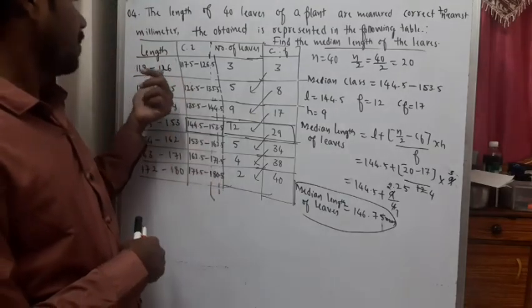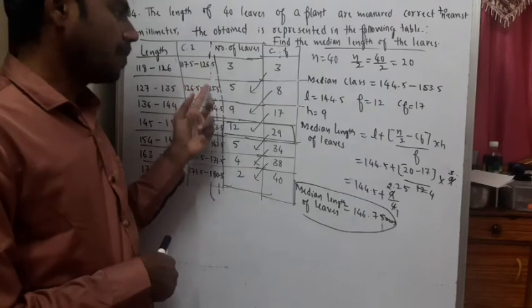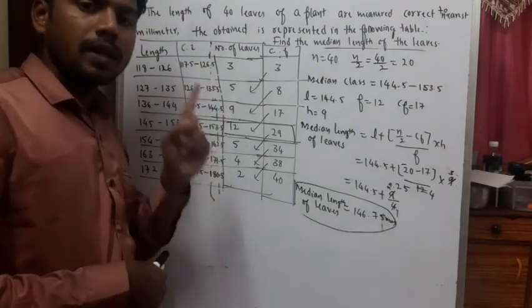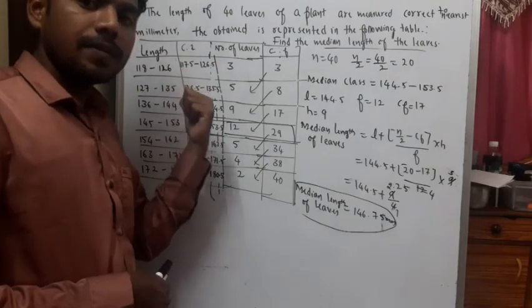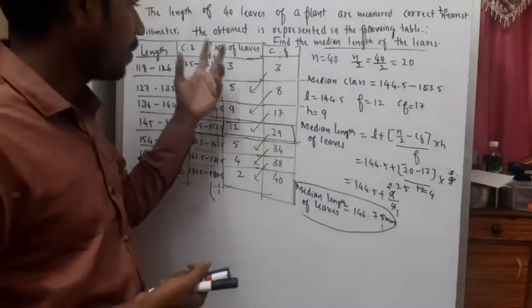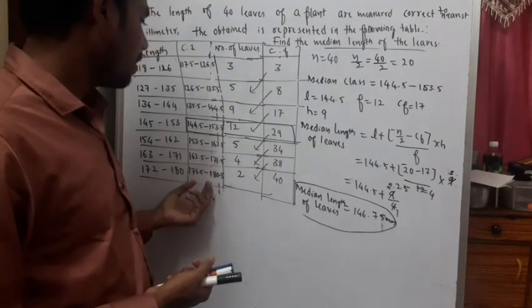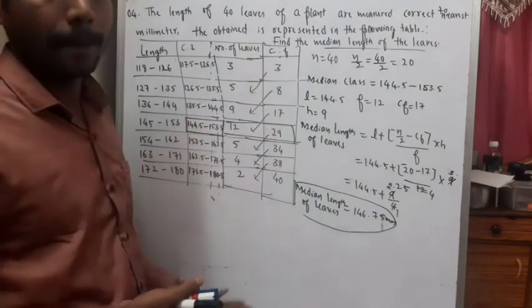The only thing was that the class intervals were not continuous, so we need to make them continuous. A difference of 1 was there. Subtract 0.5 from the lower limit, add 0.5 to the upper limit, and you will get continuous class intervals. After that, the procedure remains the same.